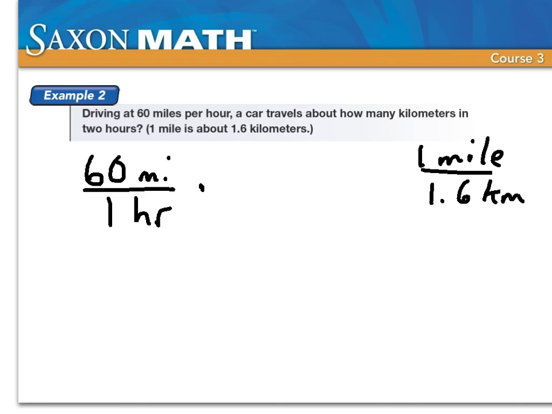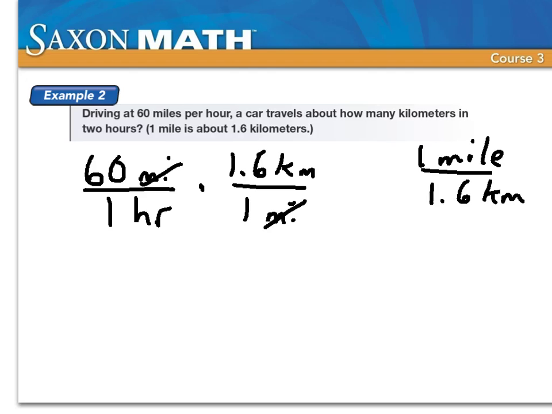If I left it like this, my miles would both be on top, and I can't have that. So I'm going to have to flip it over so that the kilometers are on top and the miles are on the bottom. So it's going to be 1.6 kilometers over 1 mile. This way, our miles will cancel.